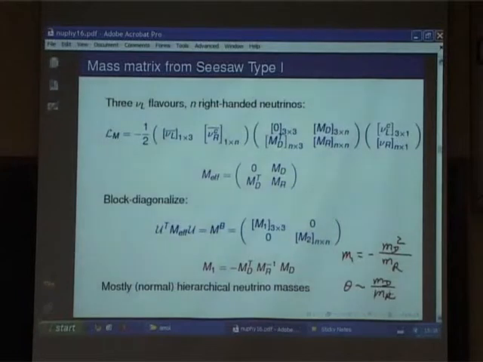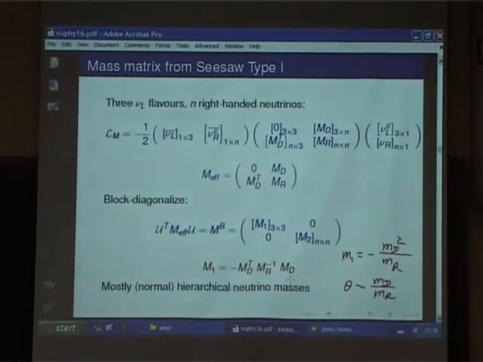But you will calculate the exact expressions in your assignment. It's a straightforward thing to do, just some algebra. So the Seesaw formula, therefore, we generalize to M1 is equal to minus M_D transpose M_R inverse M_D.